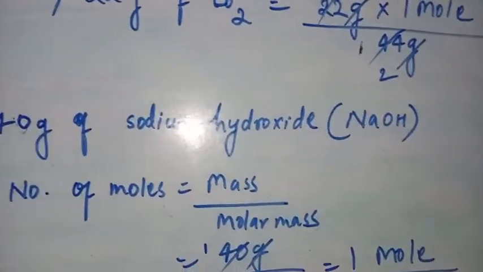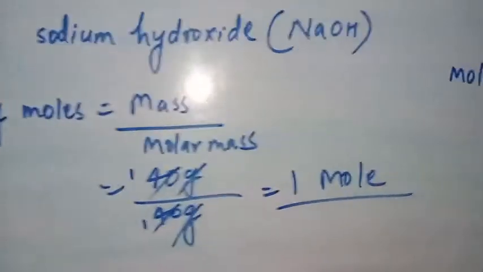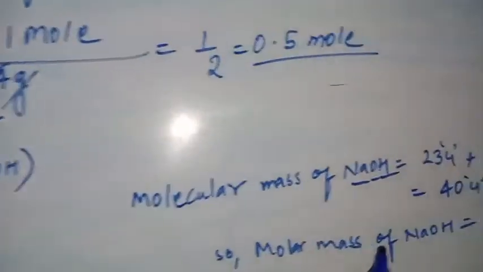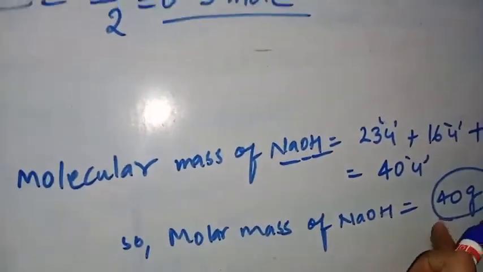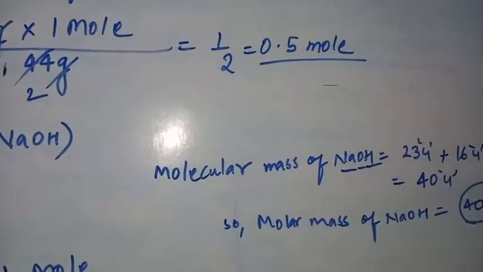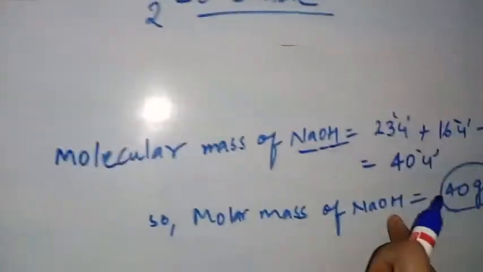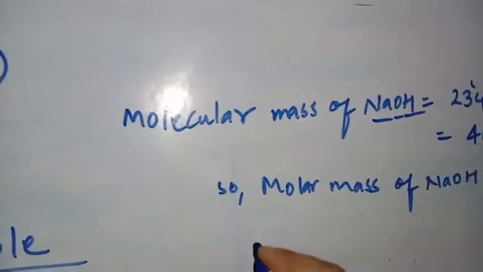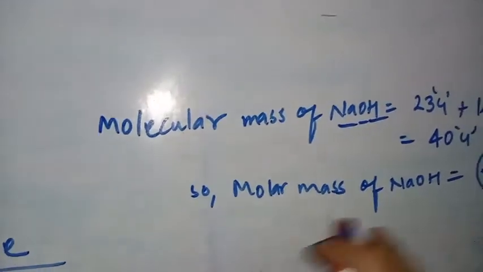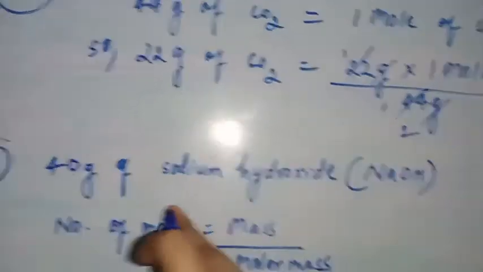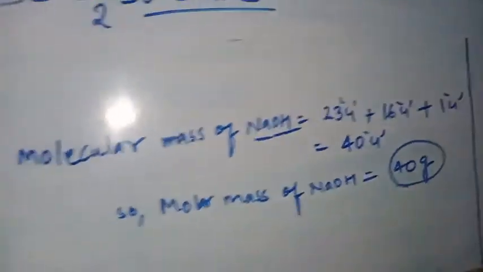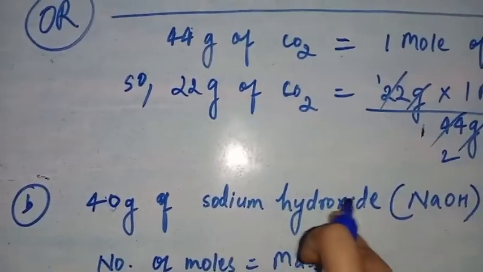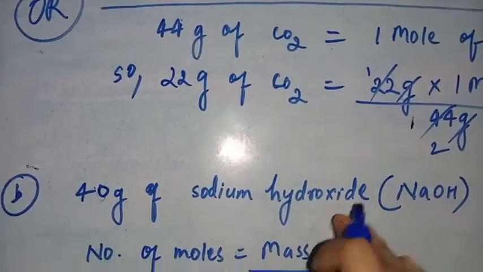We can directly use one more method. When we calculate the molar mass of NaOH, that is 40 gram, we can directly write that the molar mass of NaOH is 40 gram. That means 1 mole of NaOH is equal to 40 gram. So 40 gram of sodium hydroxide is how many moles?